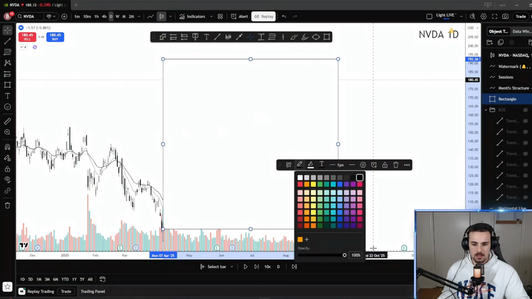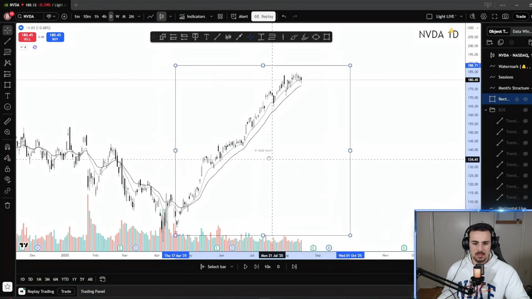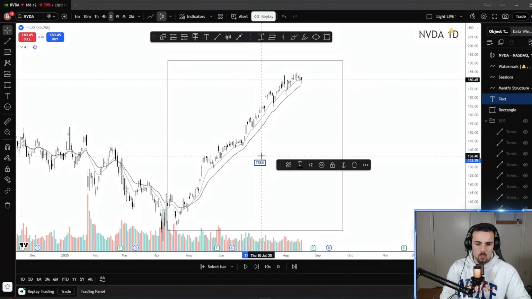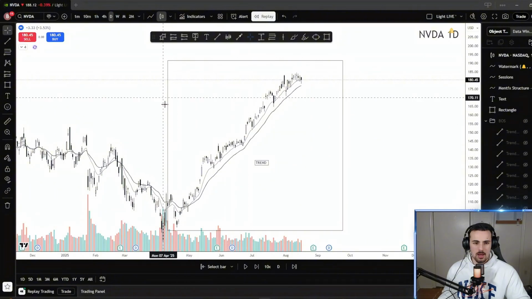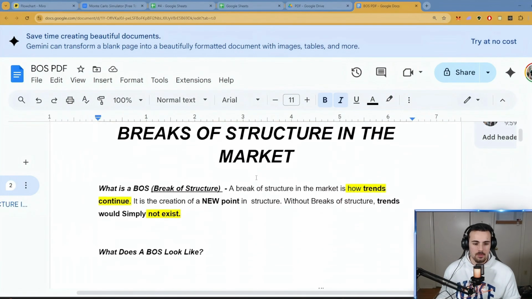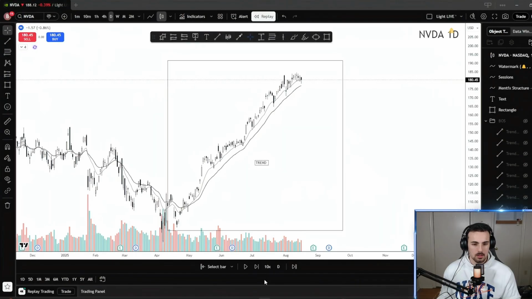Let me do this, and then let me do this. This is a trend. So where this square is, I've outlined a trend. And within this trend, if you remember from the very beginning, without breaks of structure, trends would simply not exist.